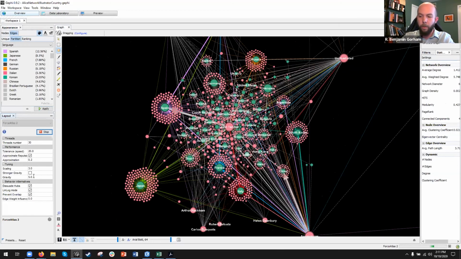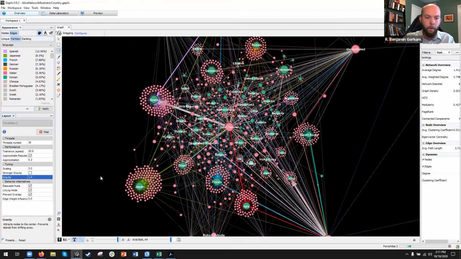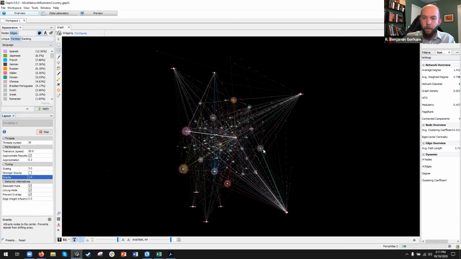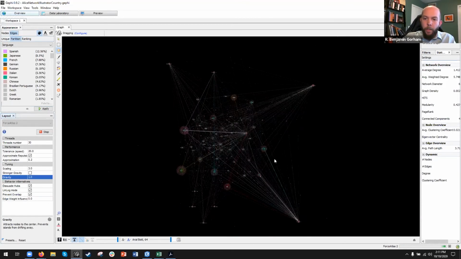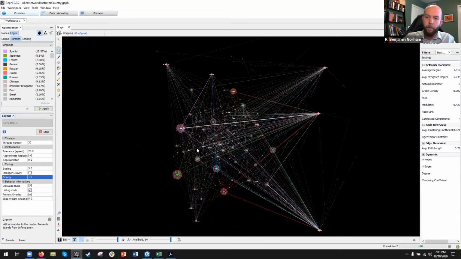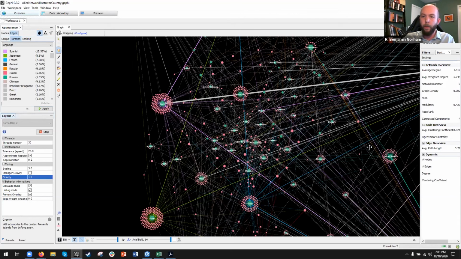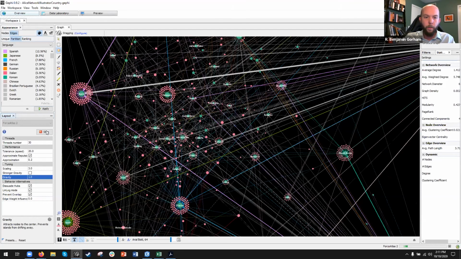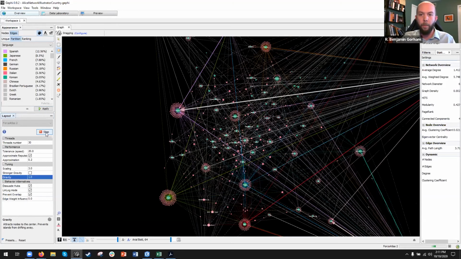And let's reduce the gravity on that so they can spread out a little bit. So depending on how you want to symbolize this, we can find different communities of illustrators, of publishers, of countries, and study relationships between them in new and interesting ways. So I'm going to stop that for the moment because my computer is probably about to catch on fire.